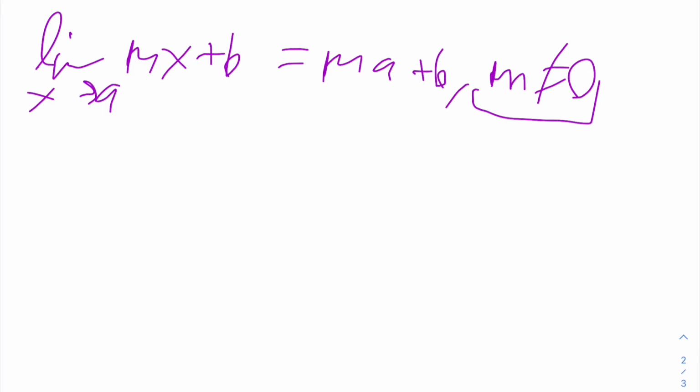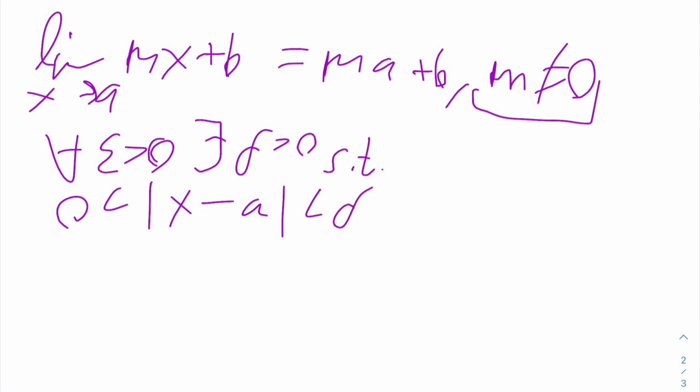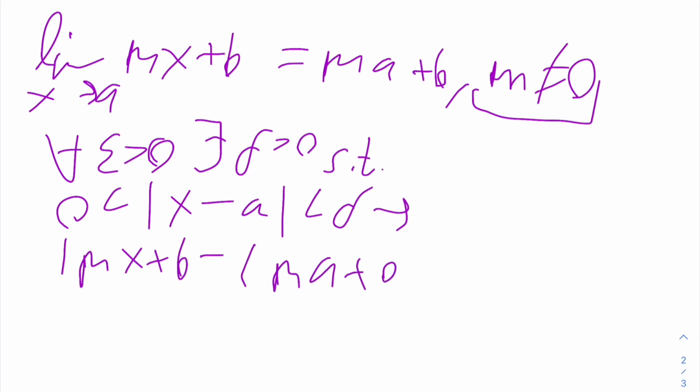So maybe here I'll actually write out the definition of the limit. For all epsilon greater than 0, there exists a delta greater than 0 such that this implication holds: the distance between x and a is less than delta and greater than 0 implies that the absolute value of mx plus b minus (ma plus b), this is what we're saying the limit is, is less than epsilon.